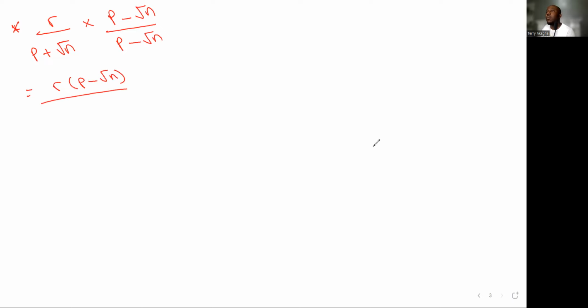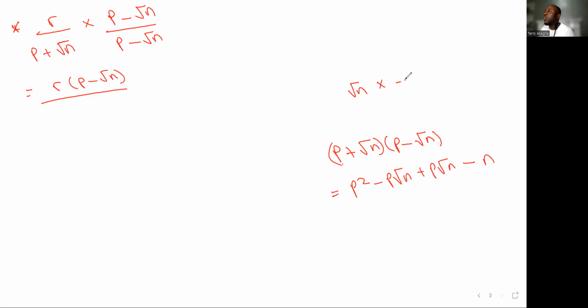Now you open the bracket, you have p plus root n multiplied by p minus root n. So p times p will give us p squared. P times minus root n will give us minus p root n. Root n times p will give us plus p root n. Now we have root n times minus root n will give us minus n.